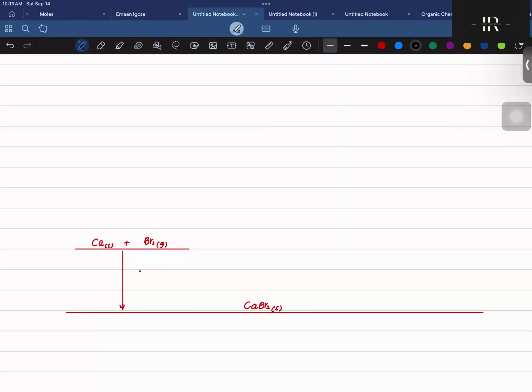What's the name of the process? This is enthalpy change of formation, basically, right? And then you would be converting calcium solid into calcium gas.